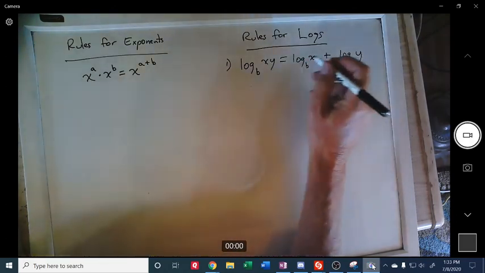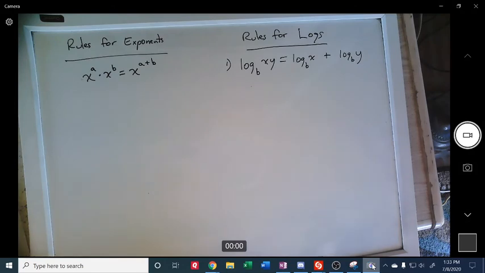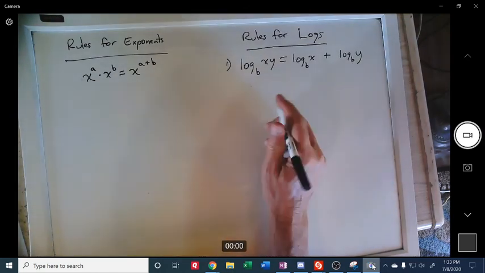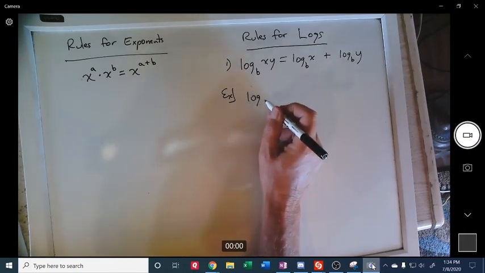Now, if it's been a long time since you've written the rules for logarithms, you may have a hard time remembering this rule. What can make it really simple for you, so that 3 years from now you'll be able to remember it because you can reconstruct it, is you take a guess at what the rule is and then you write a simple example. And this should make it clear.